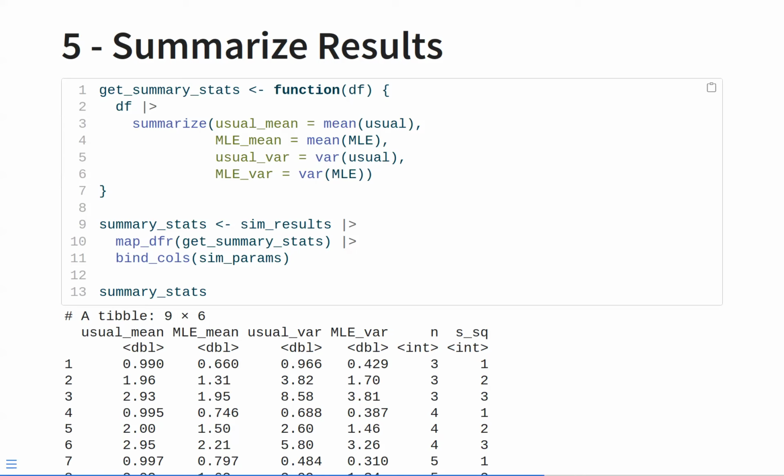So now, once again, I can use map_dfr, which is very handy. I can take my simulation results, so this is in line 9, and I can pipe them into map_dfr using the function getSummaryStats.